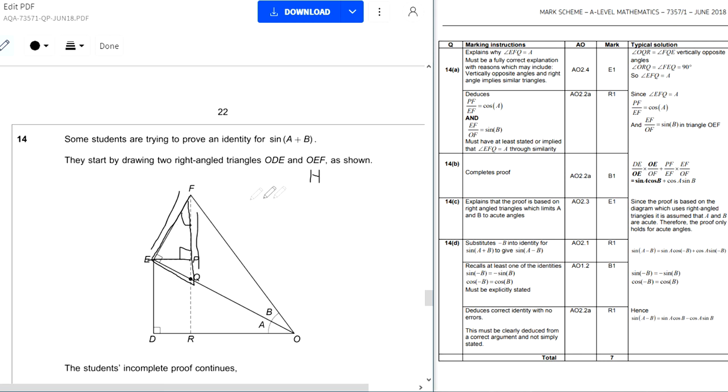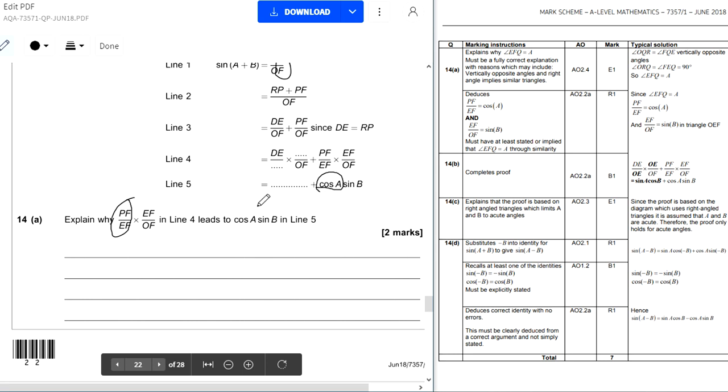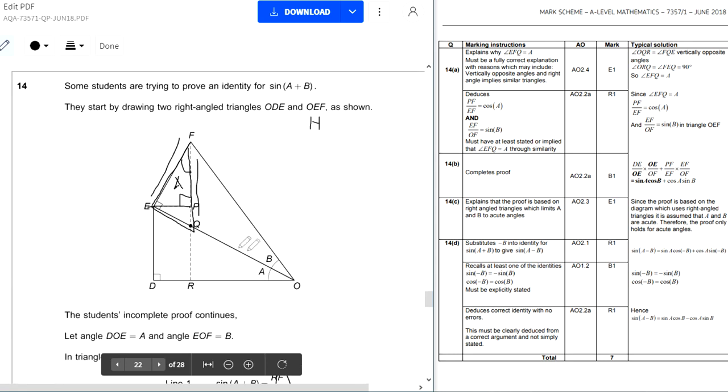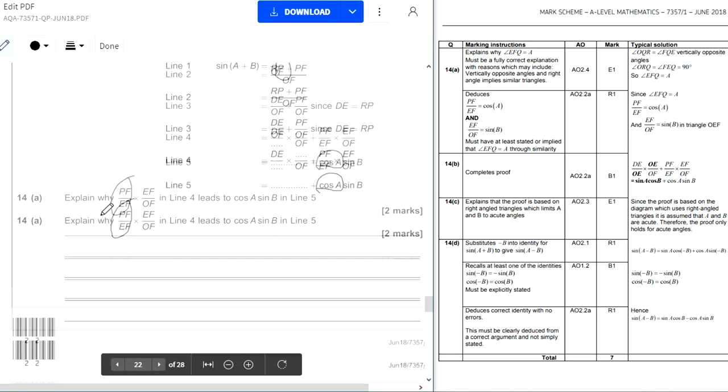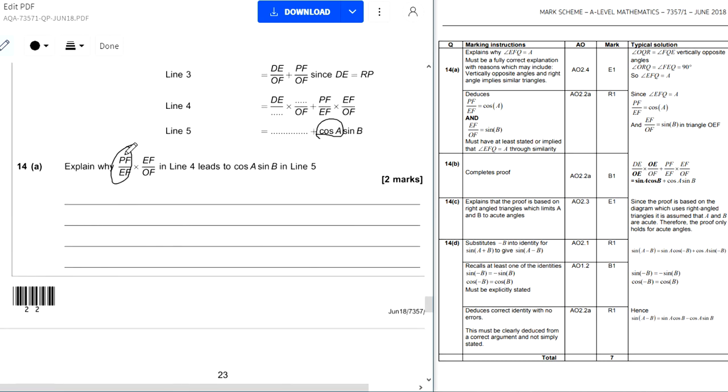So we're going to try and show that that angle there is A, because that's what we're trying to get to, cos A. Now, if we look at this, this angle is 90 minus A, and so this angle must also be 90 minus A, and so that's A. So you can show that that's cos A, and then we're going to use some kind of similar reason for this.